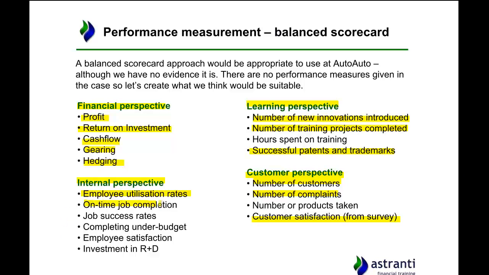Next two relate to jobs, projects, so the success of them, and also what proportion of them were completed on time, which of course is very important. Most jobs eventually get done as long as they're not impossible, but if they're not done on time, then they may not be profitable.